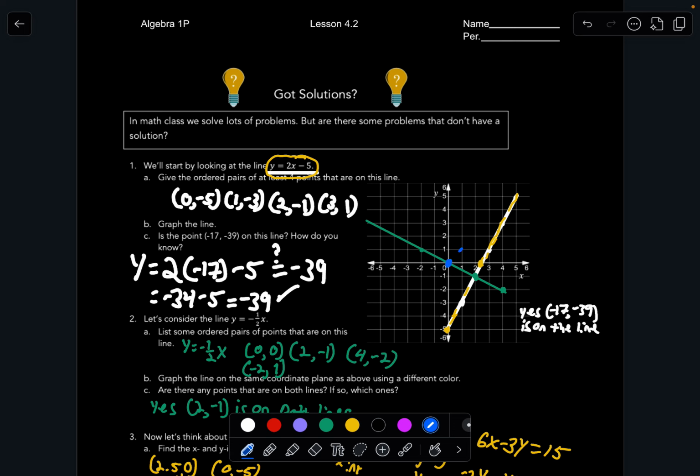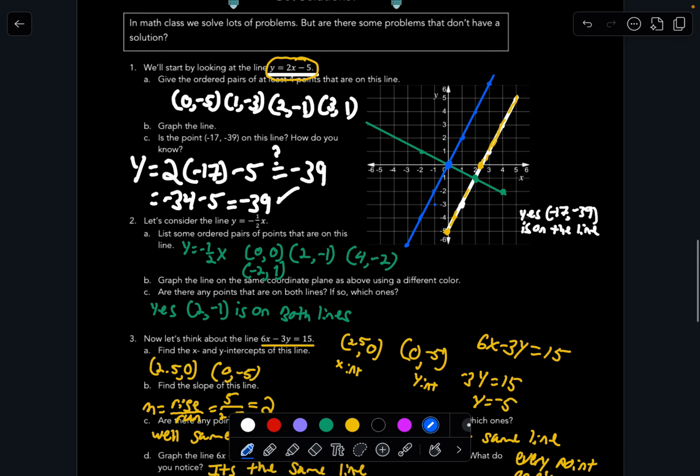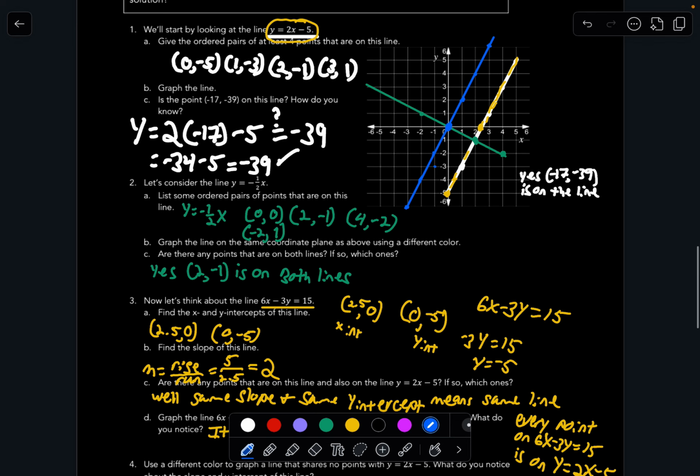Okay, no points with y equals 2x minus 5. Well, notice I'm just going to go, can't do it that way. Let's see. Up 2, right 1, up 2, right 1, and so on. And you can see right here, that blue line shares no points with y equals 2x minus 5.